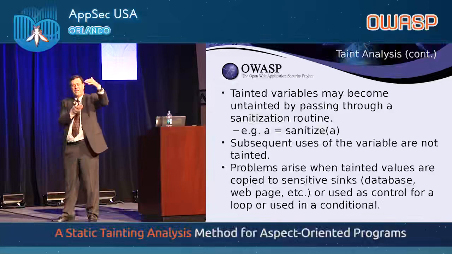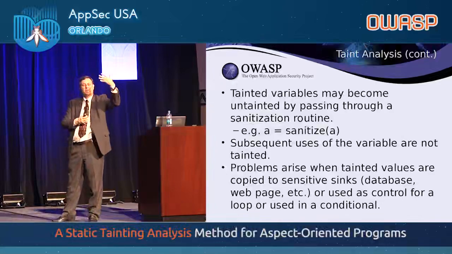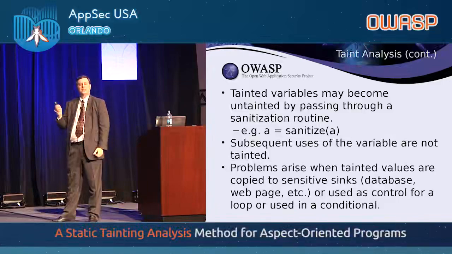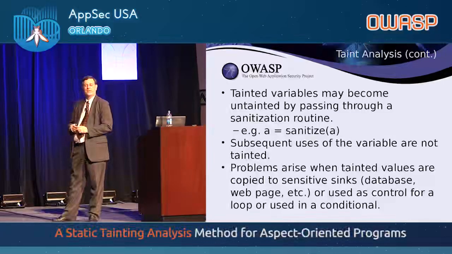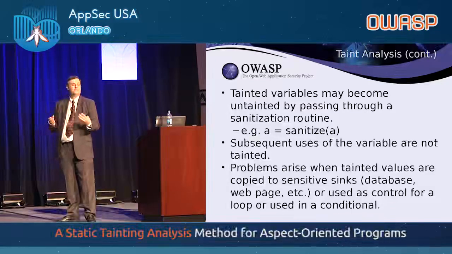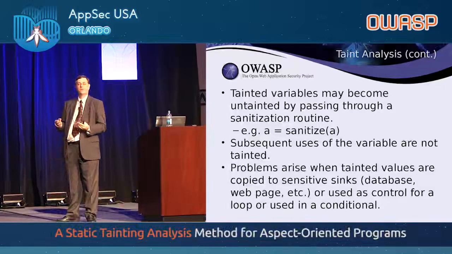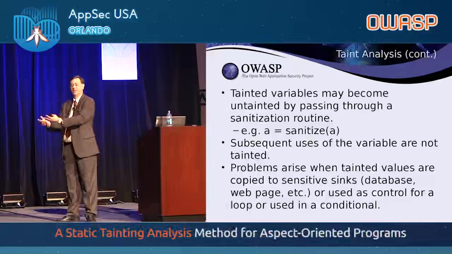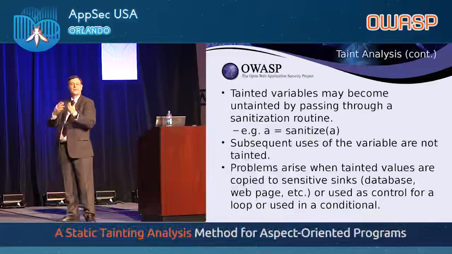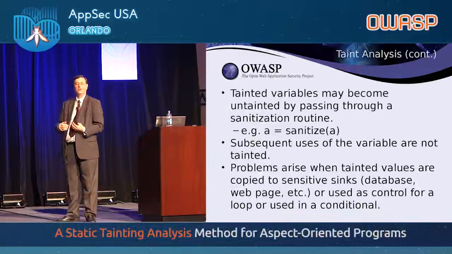So we've got the input coming in. Now that data is being used in some way. There's a sanitization process that can be applied to that variable that will clean it up. These functions are trusted functions. We tell the system these are our trusted functions, and what comes back out of those functions is clean. It is no longer tainted.